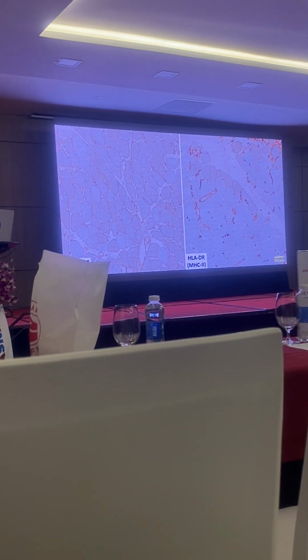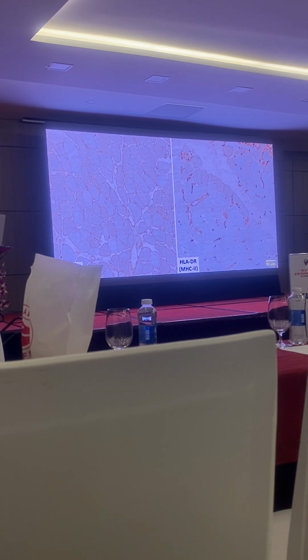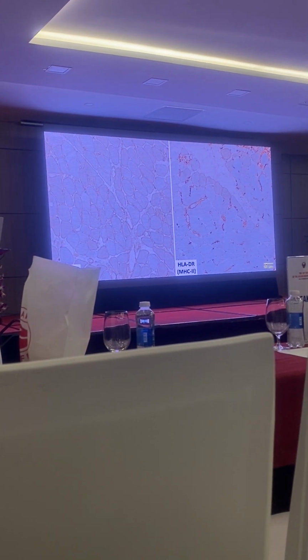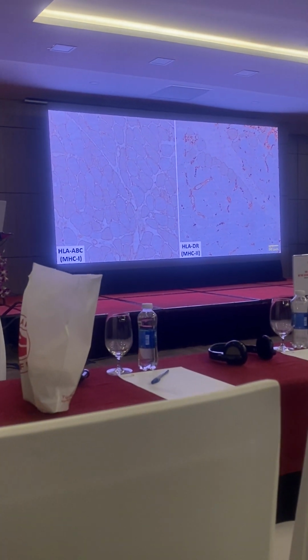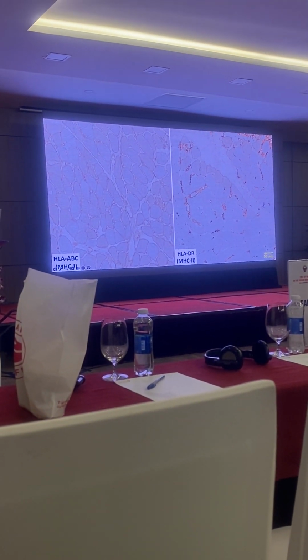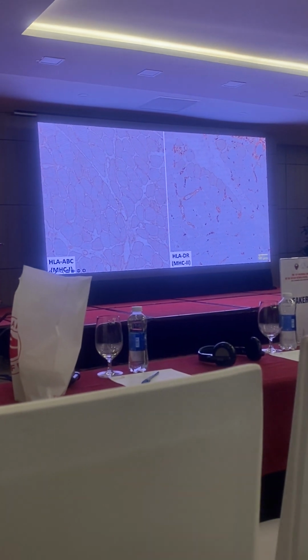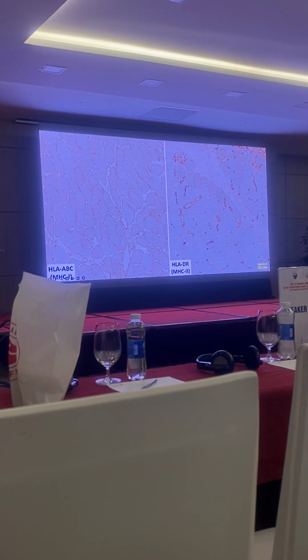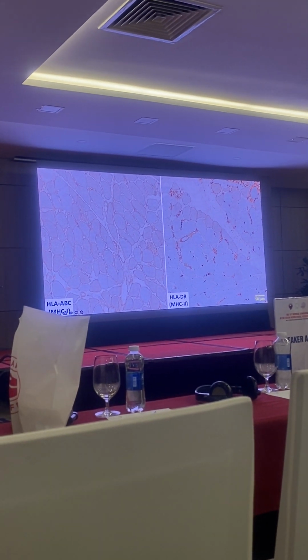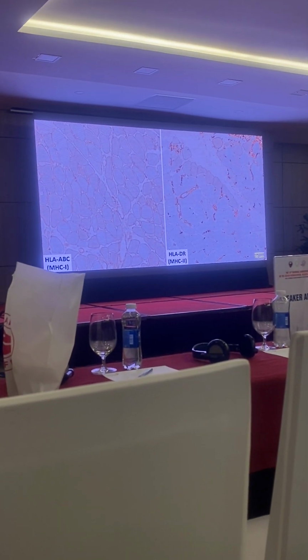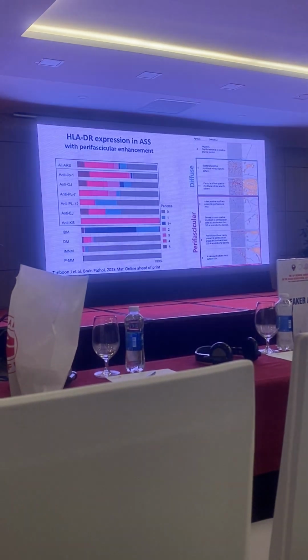And also, MHC class 1 is diffusely expressed, and often HLA-DR is expressed in the perifascicular fibers. HLA-DR is rarely expressed in other myositis, except for antisynthetase syndrome and inclusion body myositis.